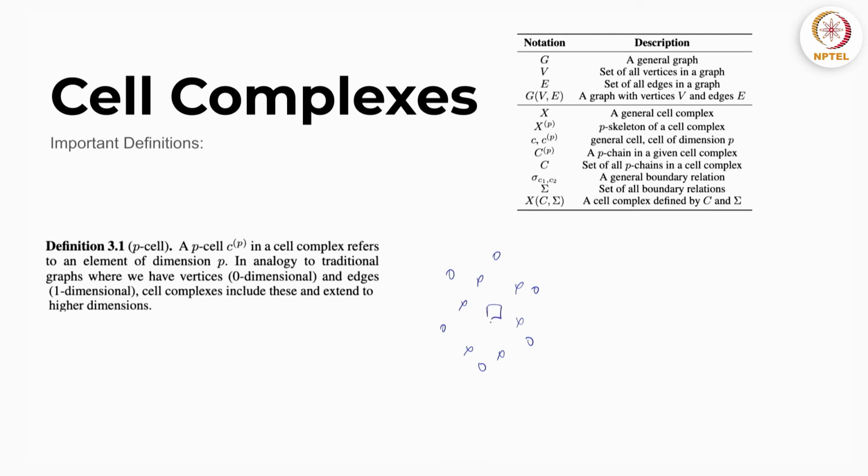The vertices will be 0-dimensional, which means they will be referred to as 0 cells. Edges are 1-dimensional, so they will be referred to as 1 cells, and faces are 2-dimensional, so they will be referred to as 2 cells. And that's the only thing we need to know about a P cell.